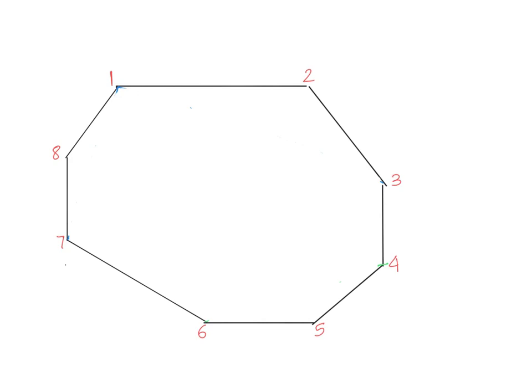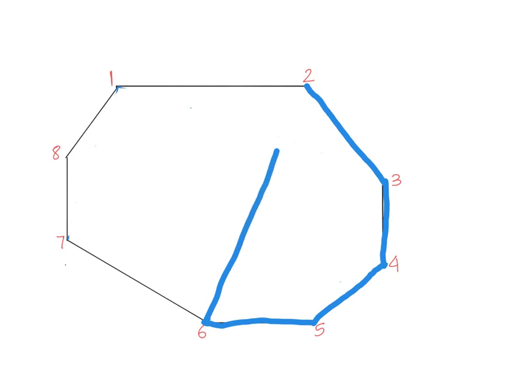A section is a part of the polygon that you get by doing the following. Suppose you start at a vertex 2 and you start following the polygon in clockwise direction for a few vertices, let's say 2, 3, 4, 5, 6, and then you return back to the starting point, and that is a section.